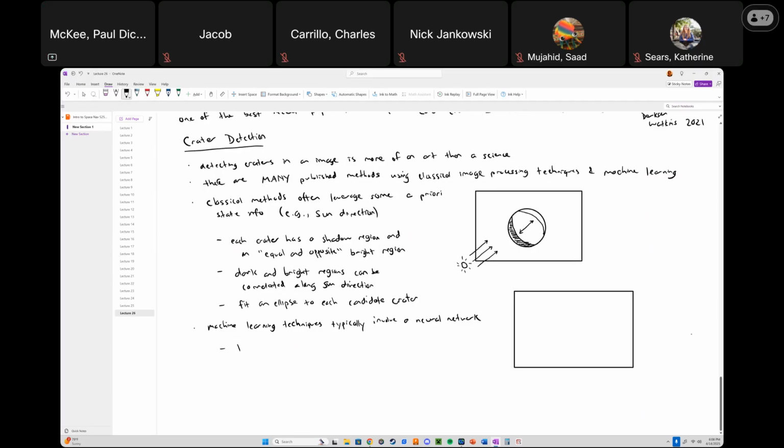You would train a neural net on myriad sample images with craters found by hand. And coming up with these training images is difficult.